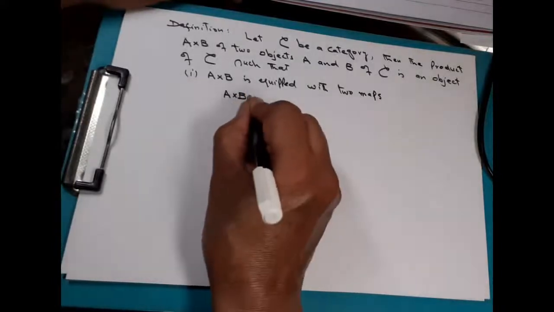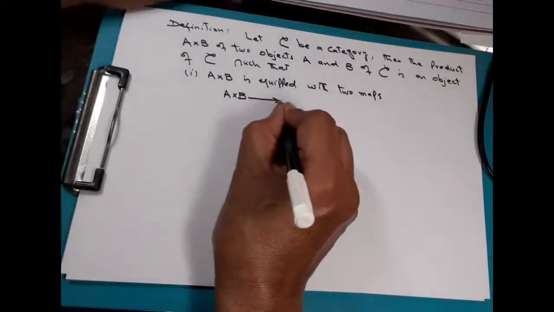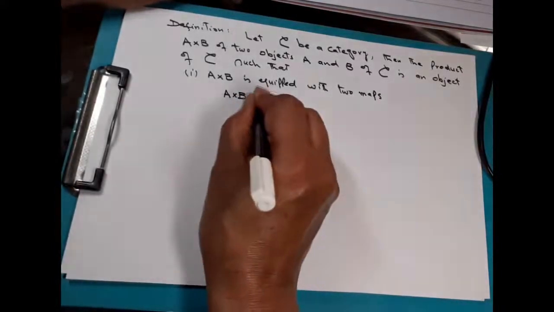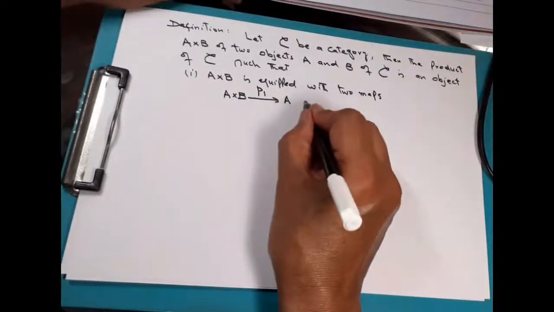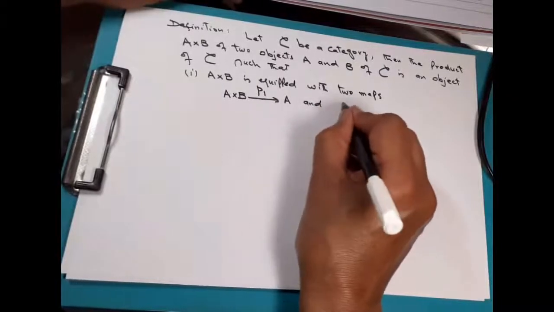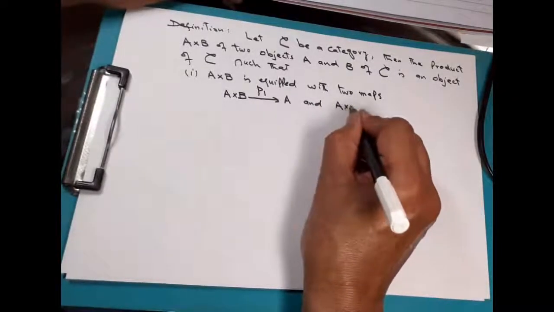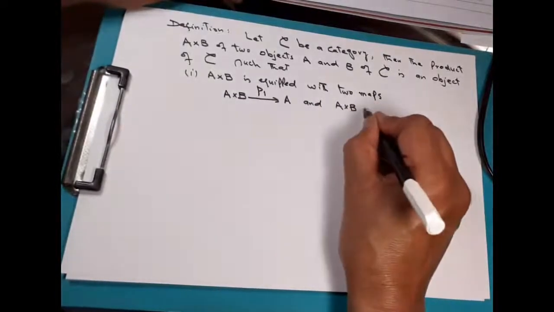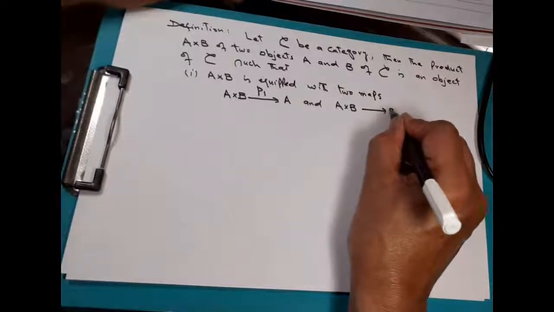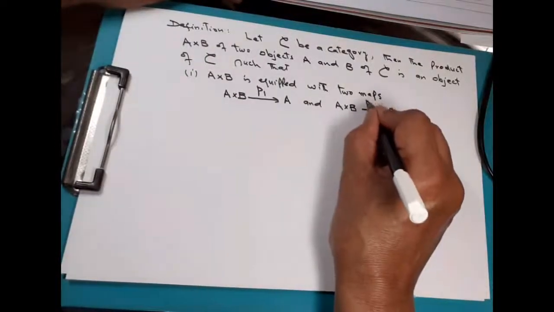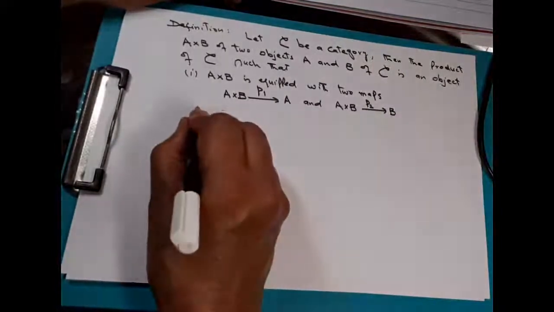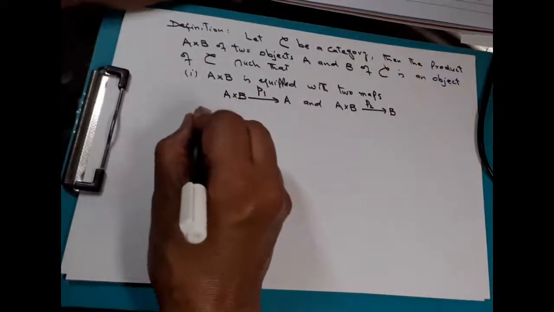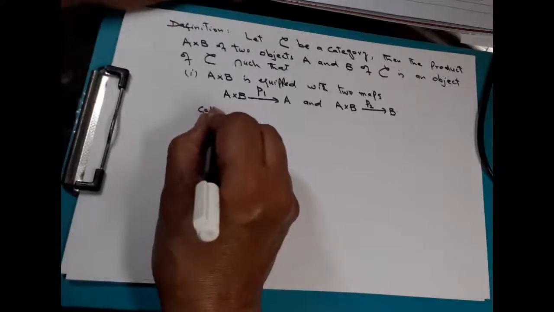One is from A cross B to A, we denote it by P1, and the second is from A cross B to B, we denote it by P2. These maps are called projections.